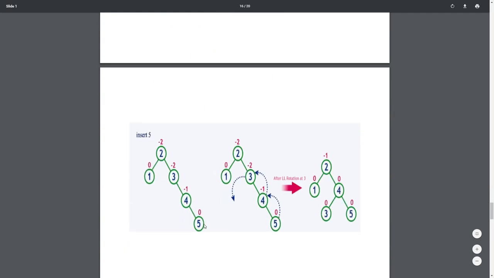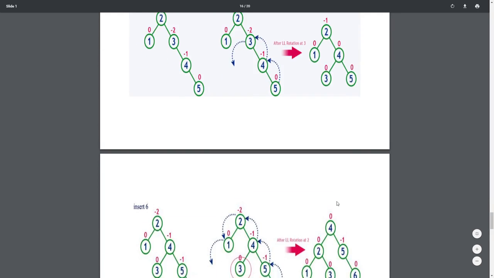So starting from leaf to root, this is balanced and this is the critical node, so we have to balance only these 3. The new node is inserted at the right part of the right subtree. So again it's LL rotation, a single rotation applied on the child node of the critical node. So 4 will be at the place of 3. 3 is less than 4, so at left of 4, and 5 is at right of 4.